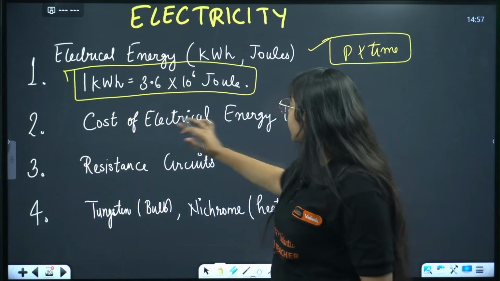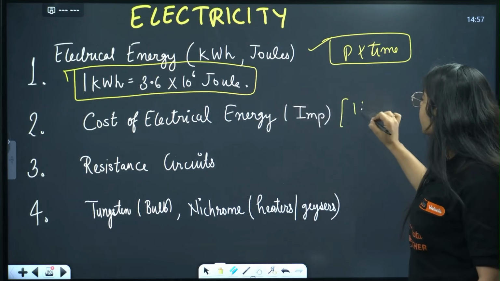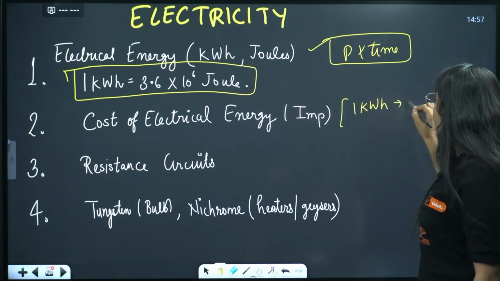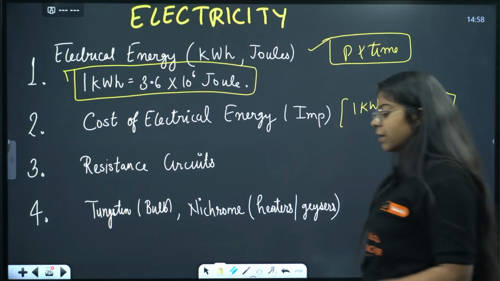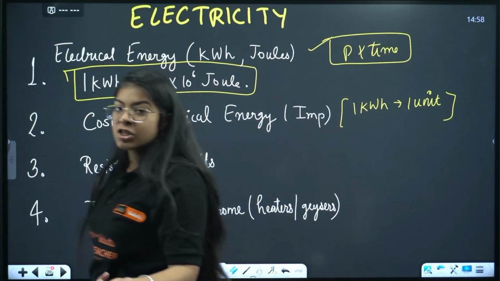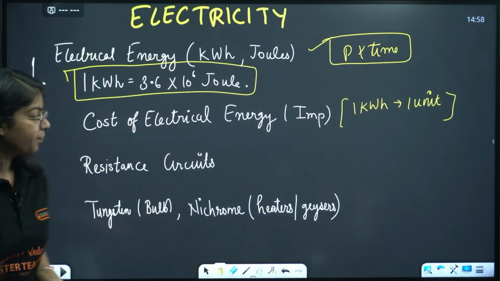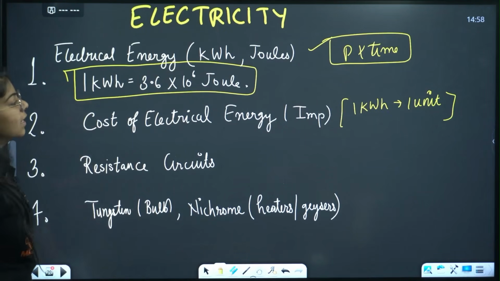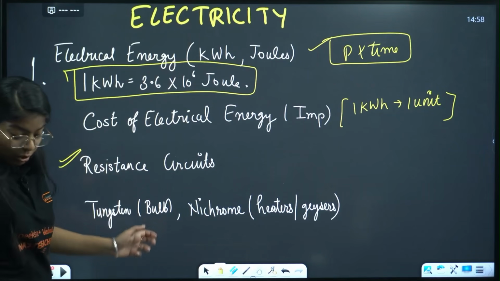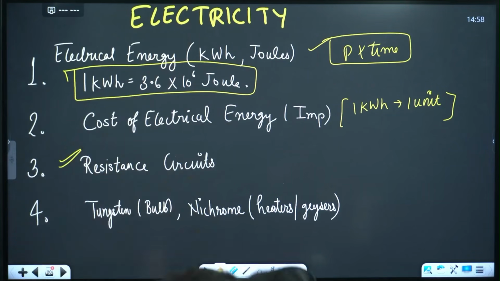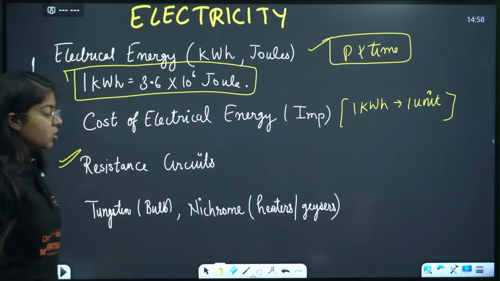Then cost of electrical energy is very important. 1 kilowatt hour is always equal to 1 unit, and you will be given the rate of 1 unit. That means you have to find electrical energy in kilowatt hours. Then resistance circuits, we saw how to solve them just now.